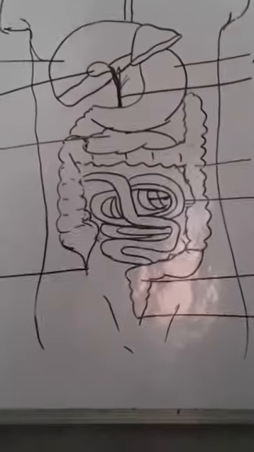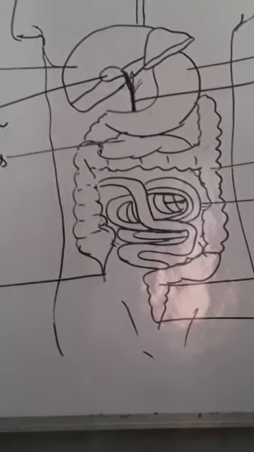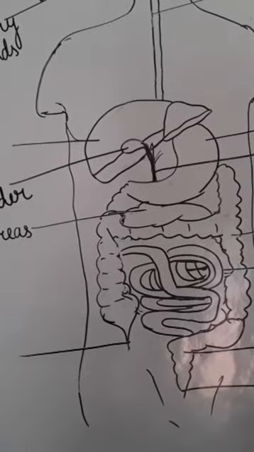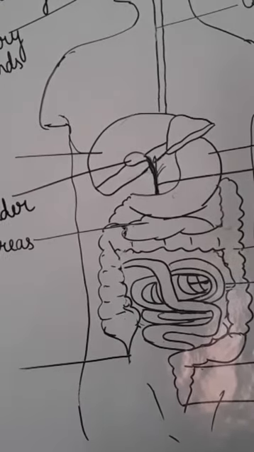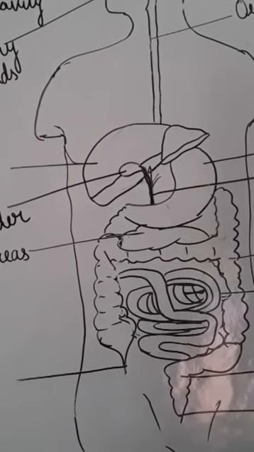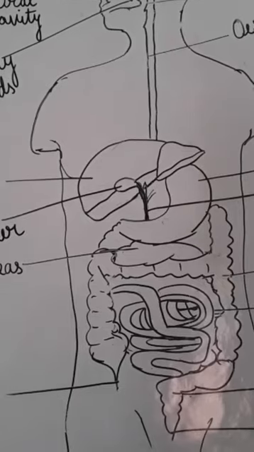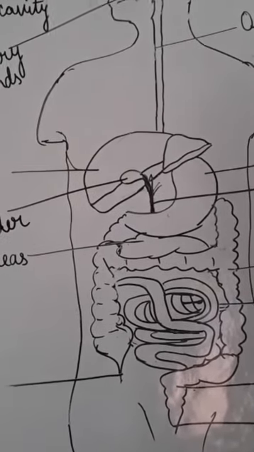In carnivores, digestion of meat takes place, so their small intestine is shorter.